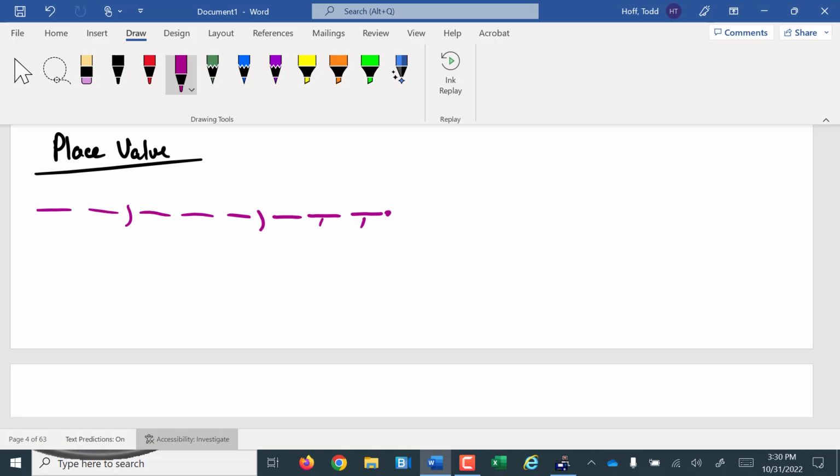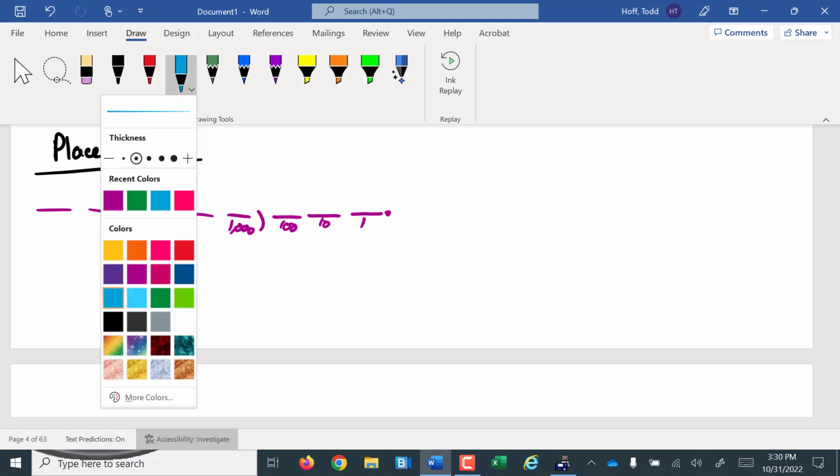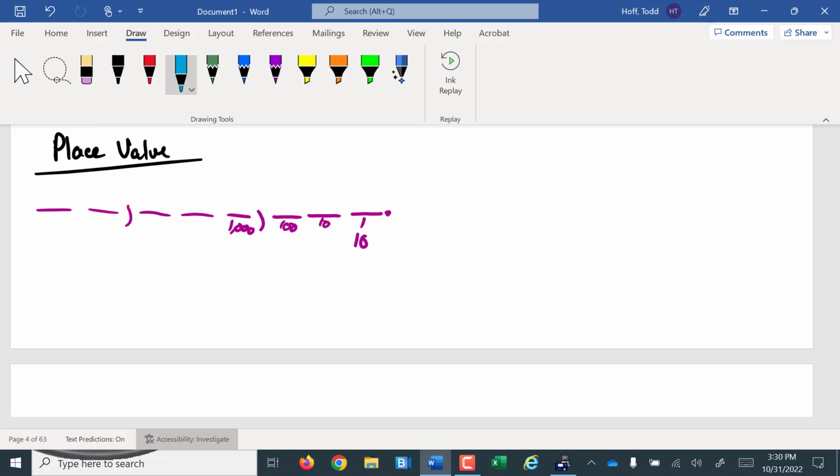This is the ones, the tens, the hundreds, the 1,000s, and counting on up. But realistically, this is the 10 to the 0 place here, or the ones. This is 10 to the power of 1. 10 to the power of 2 is 100. 10 to the third is 1,000. 10 to the fourth is 10,000. 10 to the fifth is 100,000. 10 to the sixth is a million, and on down the line.